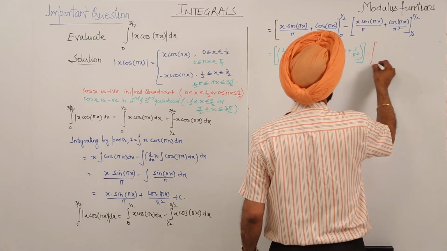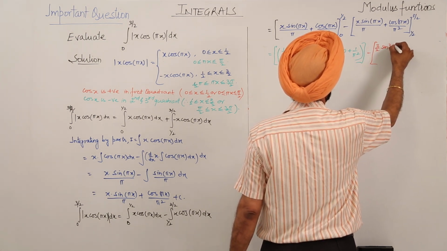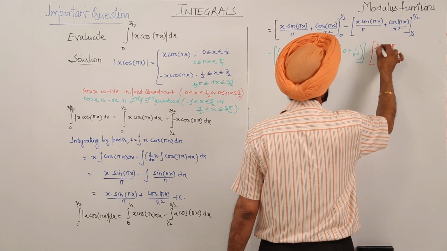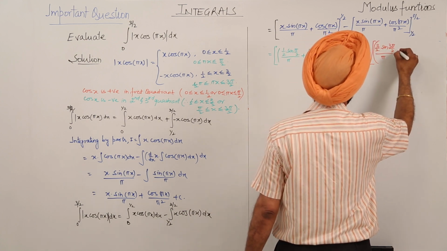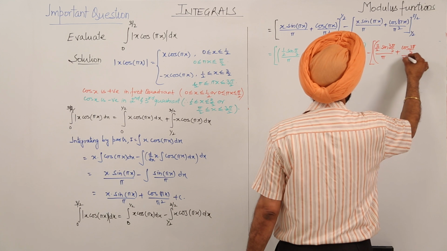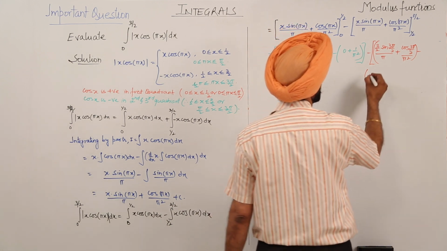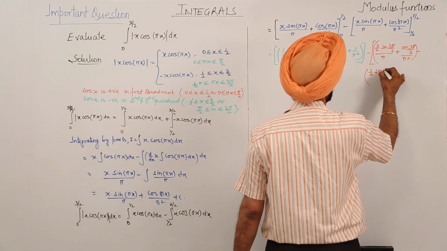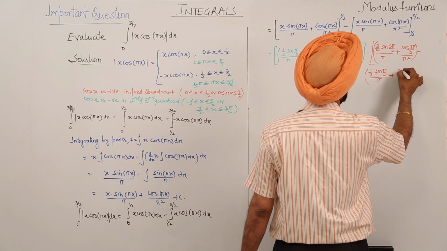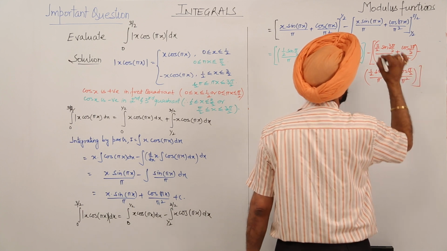Minus, now this part: 3/2 sin(3 pi/2) upon pi plus cos(3 pi/2) upon pi square, minus, now minus, 1/2 sin(pi/2) upon pi plus cos(pi/2) upon pi square. Is it clear?